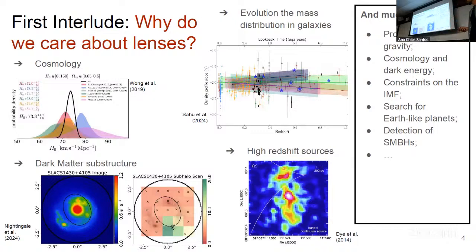And because of that, we can observe very high redshift sources due to the gravitational lensing phenomenon. So by doing the modeling, we can actually reconstruct the source and study high redshift galaxies. And there are a lot of things that we can do, including constraining or detecting supermassive black holes, which is one of the topics of this presentation.